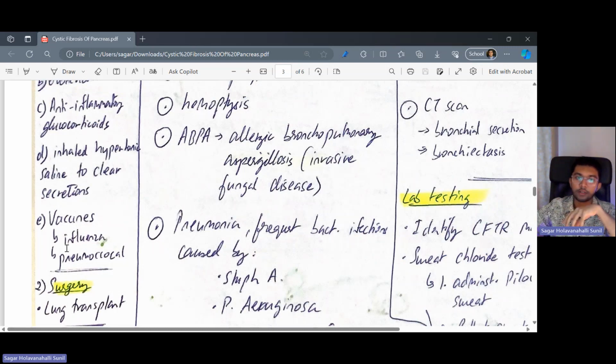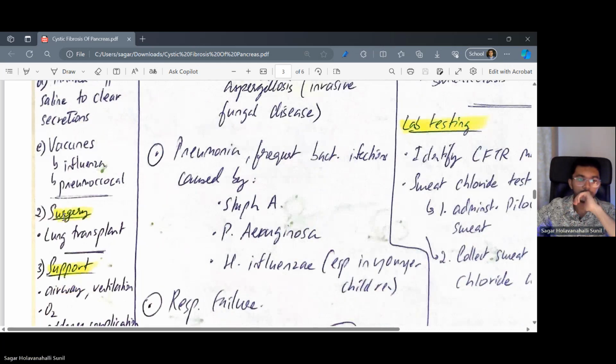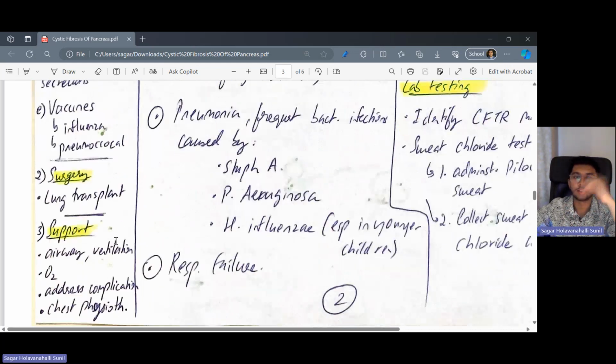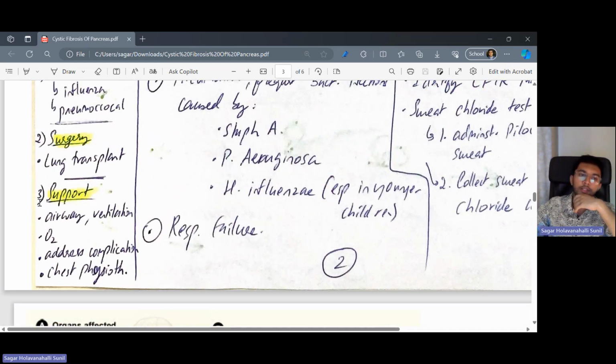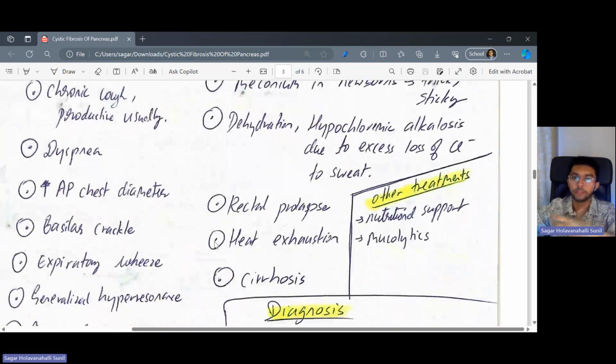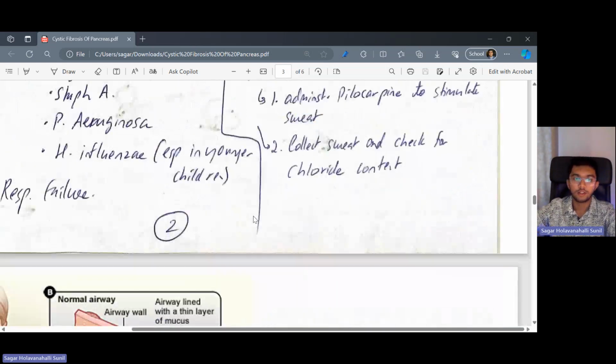Vaccines such as anti-influenza and anti-pneumococcal, surgery, lung transplant, you can also provide some additional support, airway support, ventilatory support, provide oxygen support. You can also address the complications that arise with cystic fibrosis, and you can provide chest physiotherapy in order to help make breathing easier. Other treatments are typically nutritional support and provision of mucolytics.